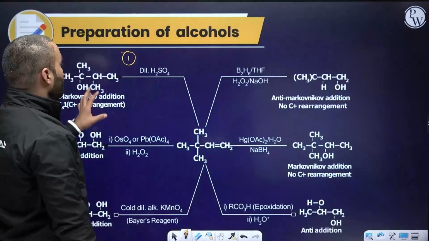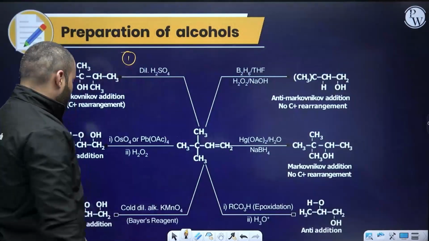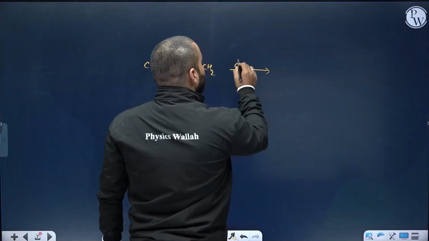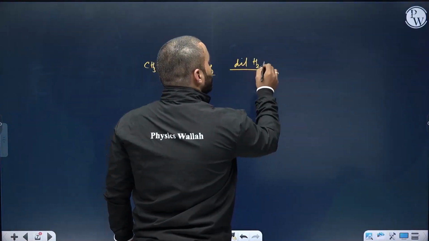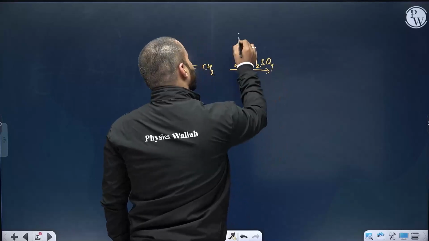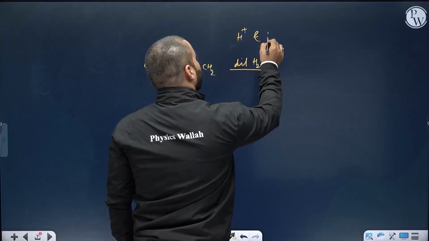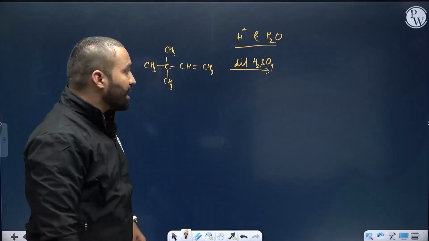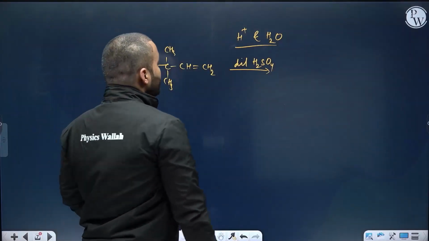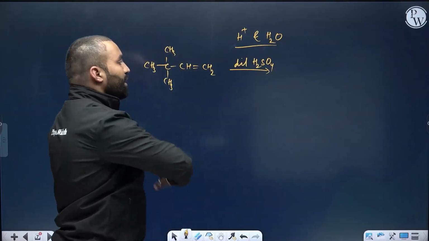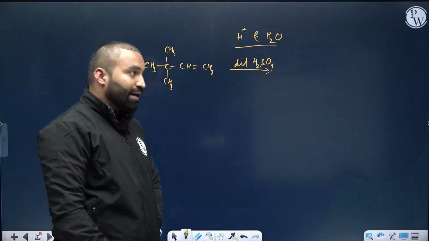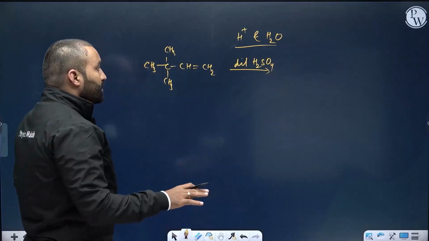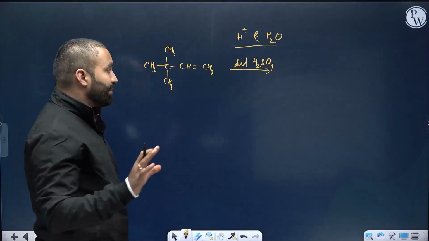Now what do we need to do? We need to add dilute H2SO4. Remember, it's dilute H2SO4. Dilute H2SO4 is a source of H+, and water. Remember, acid will never ever come alone; it will always come with H2O. Once H+ comes, as I explained in my haloalkane haloarene chapter, your job is to identify the electrophile and the nucleophile in a given reaction.